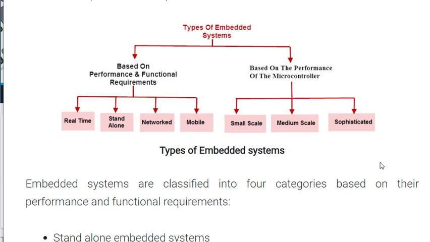Next one is the network embedded systems. These types of embedded systems are related to a network to access the resources. The connected network can be LAN, WAN, or the internet. The connection can be any wired or wireless.